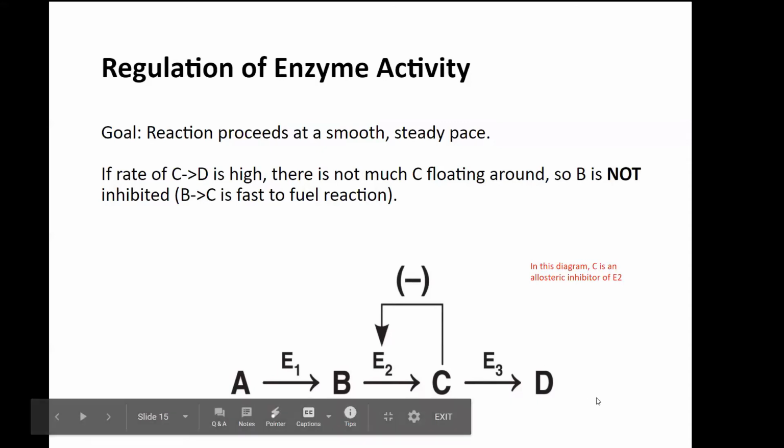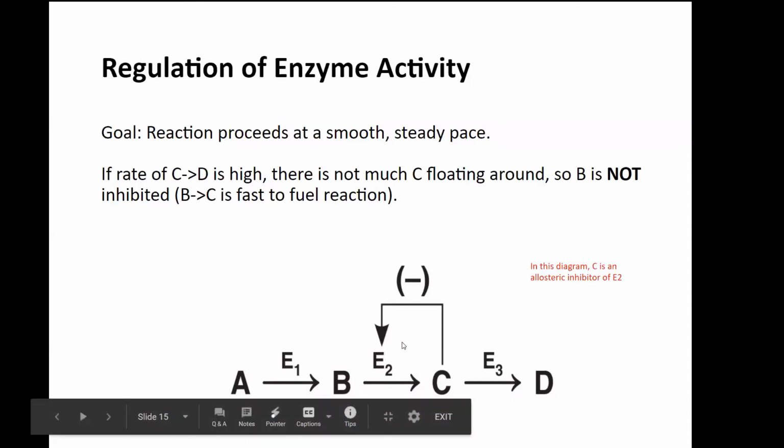This would also work in the reverse. So if our reaction C to D is really slow, that's when we're going to turn on this pathway. So if it's hard to convert C to D and we end up with a ton of C just floating around in our environment, that C that's floating around is going to affect this enzyme E2.